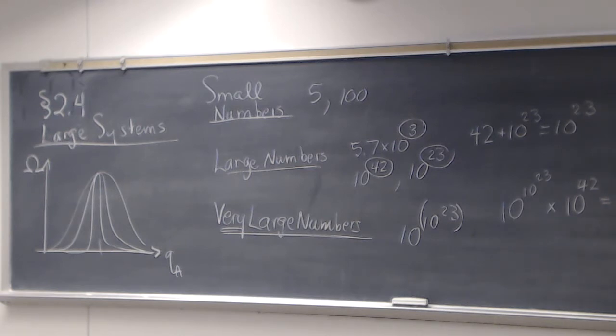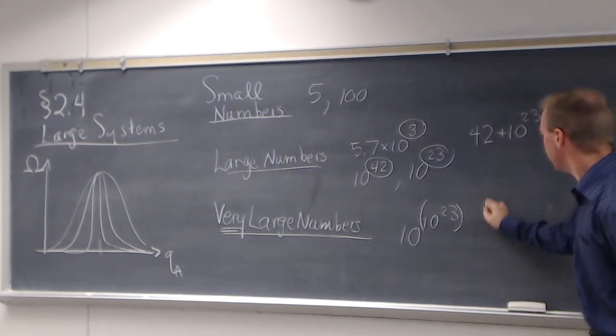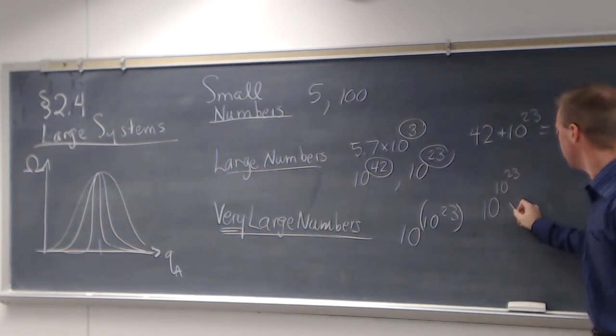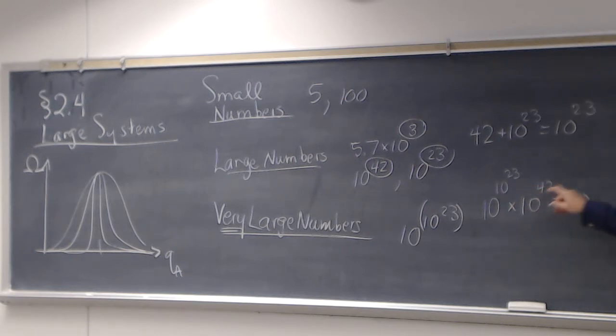Why is that? Let's see. I see that that's off the edge of the screen here. So 10 to the 10 to the 23rd power times 10 to the 42nd power is 10 raised to the sum of these two exponents: 10 to the 23rd plus 42.